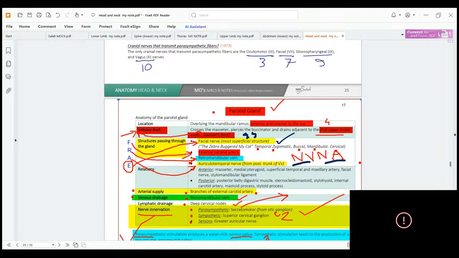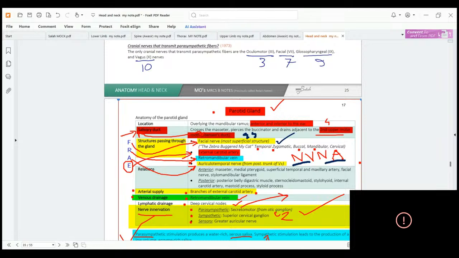Then structures passing through the gland: FRAE. F is the facial nerve. R is the retromandibular vein. A is the auriculotemporal nerve, from the posterior trunk of V3. E is the external carotid artery.